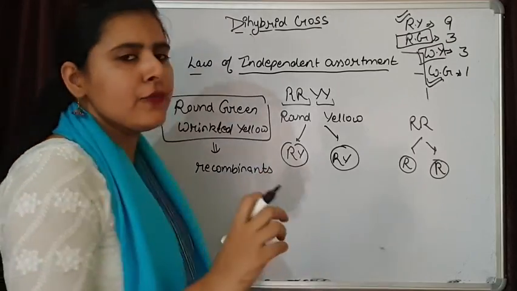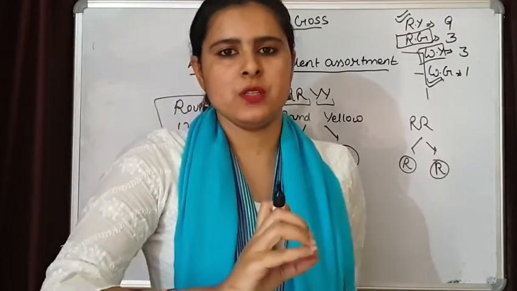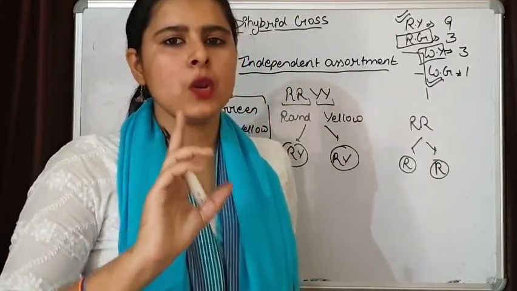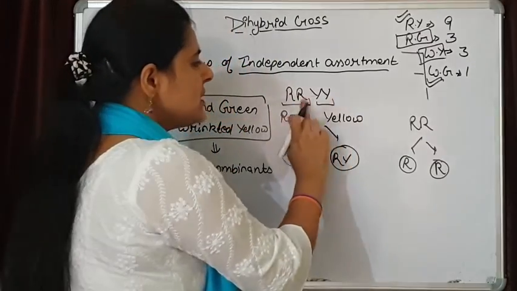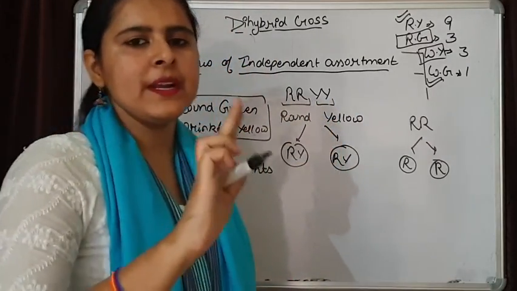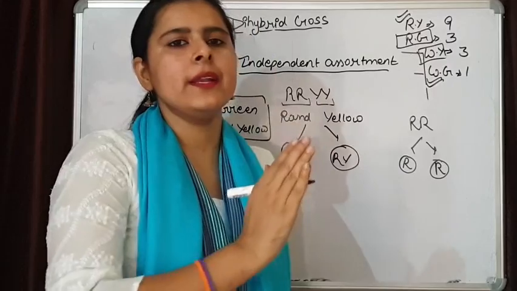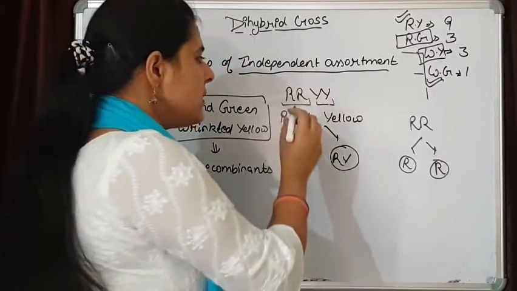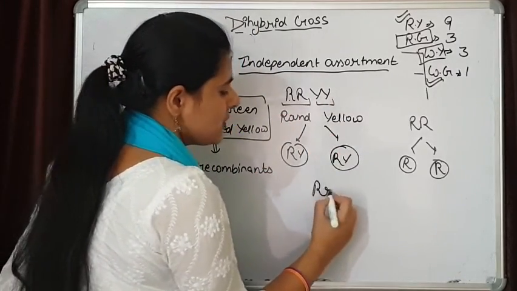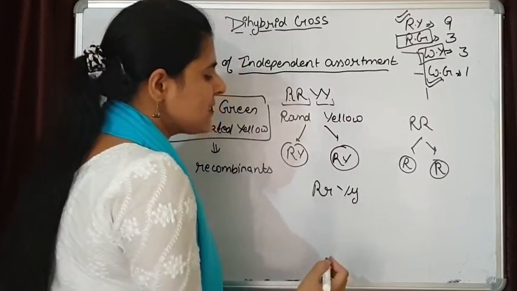Recombinants means they are formed by new combinations, and new combinations are only possible when separate genes are going to be inherited independently. Suppose in a heterozygous situation, it can easily be explained.